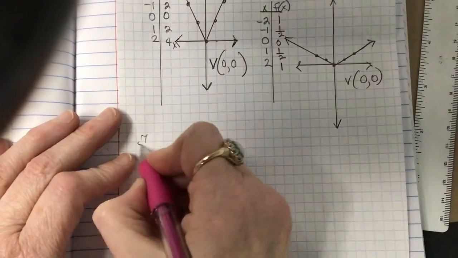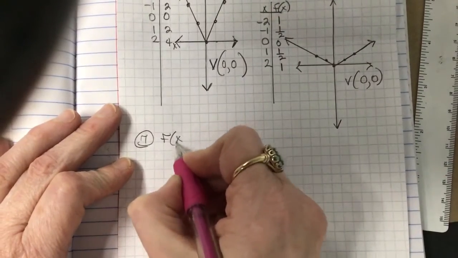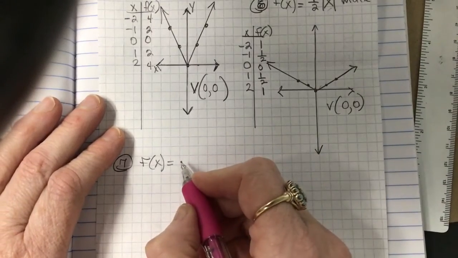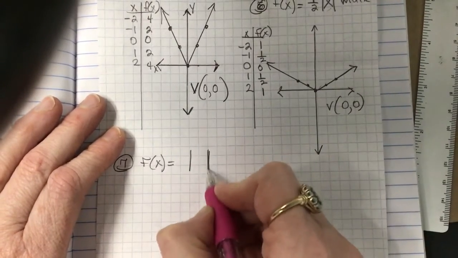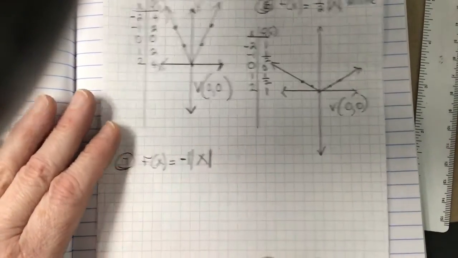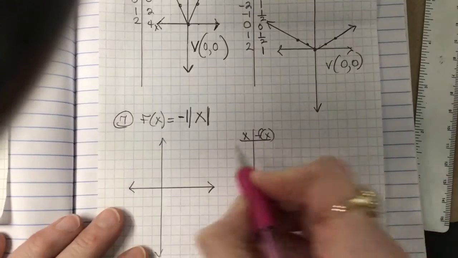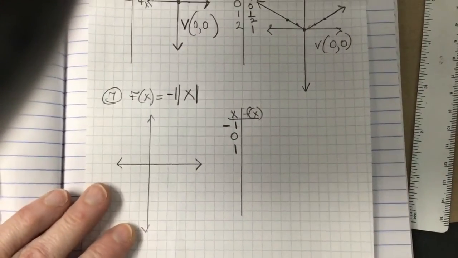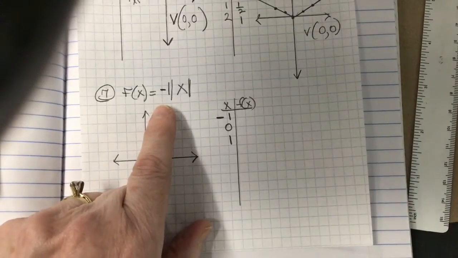And then number 7. And we're going to put, there's an understood +1 out front, so we're going to change that to a negative. I think we can just do these 3 numbers. Let's do -1, 0, and 1. Now notice the -1 is outside.